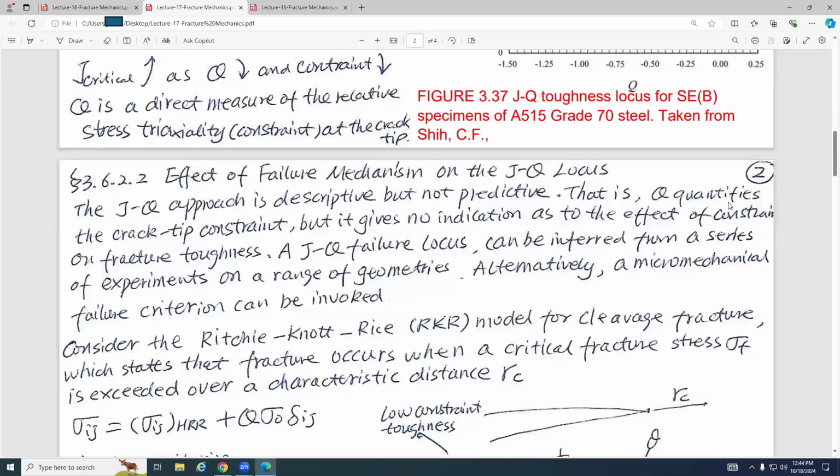That is, Q quantifies the crack tip constraint, but it gives no indication as to the effect of constraint on the fracture toughness. A JQ failure locus can be inferred from a series of experiments on a range of geometries. Alternatively, a micromechanical failure criterion can be invoked.